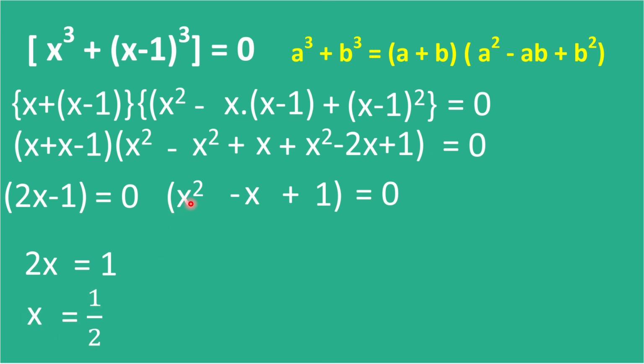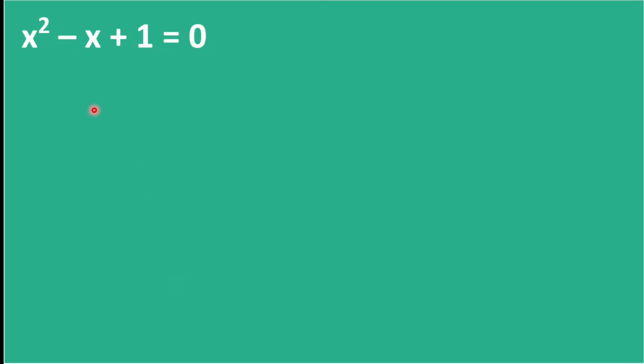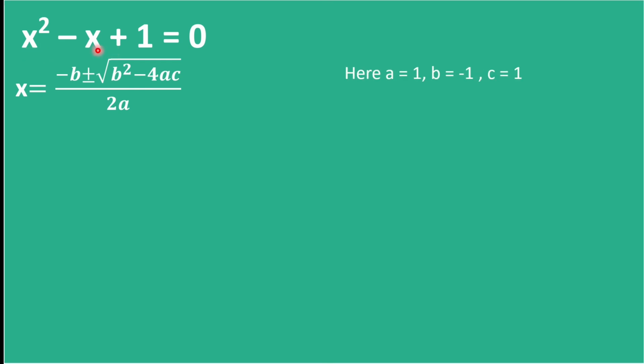And now we will solve this x squared minus x plus 1 equal to 0 for the other values of x. And this is also a quadratic equation. And to solve this, we will apply the quadratic formula. So let's apply the quadratic formula over here. But here we have a equal to 1, b equal to minus 1, and c equal to 1. And now we will put these values over here.